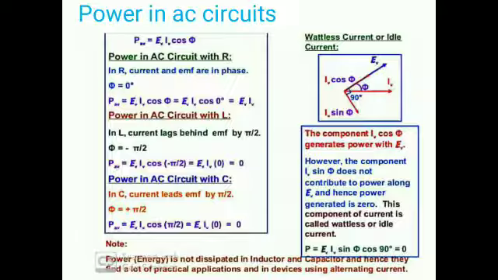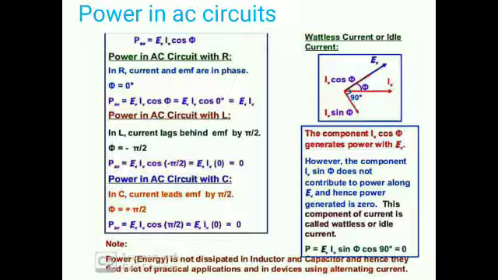Now power in AC circuits with C. In the AC circuit with C, current leads EMF by pi by 2. The phase difference between the applied EMF and its resultant alternating current is phi is equal to pi by 2. So P average is equal to E RMS I RMS cos pi by 2.